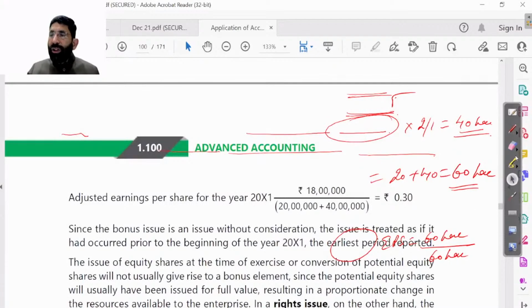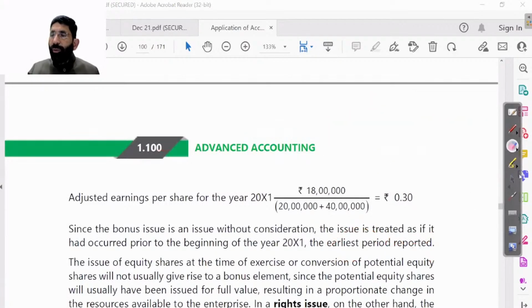Now, one additional thing will be done. That is, we have to adjust the EPS of previous year also. Now that is to be recalculated. If these bonus shares are issued in the previous year, because this is for the reason of previous year, we have kept some profits in reserves, and we have to obviously make comparison.